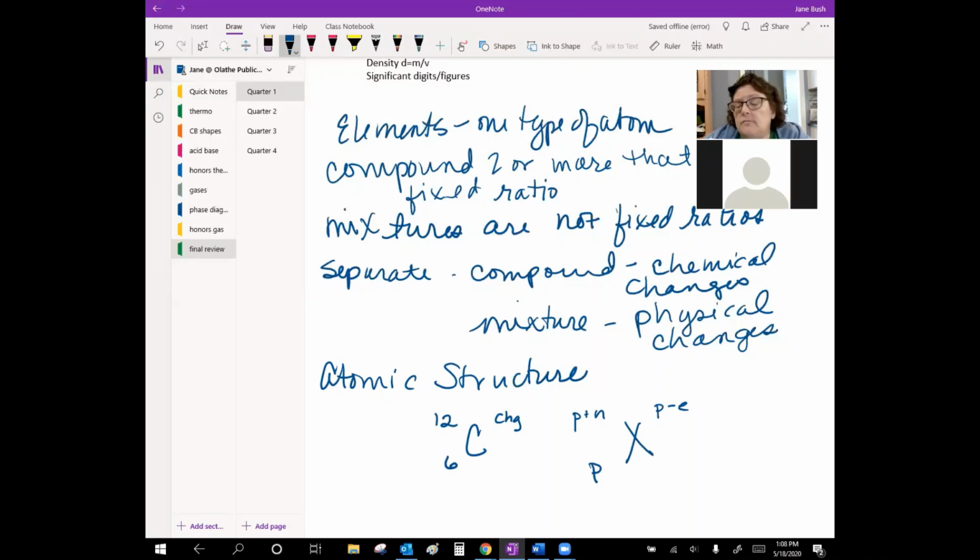So if you're given a mass and a proton number, you can easily figure out how many neutrons you have, because you just take mass minus protons. And if you're given protons and neutrons, you can figure the mass by adding them together. And then charge is the number of protons minus the number of electrons, and that's when we're talking about ions. So that's pretty basic.